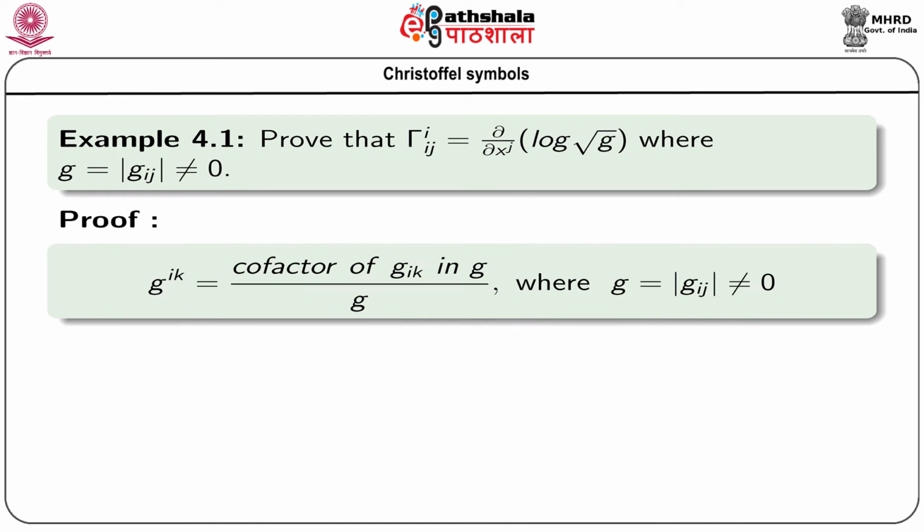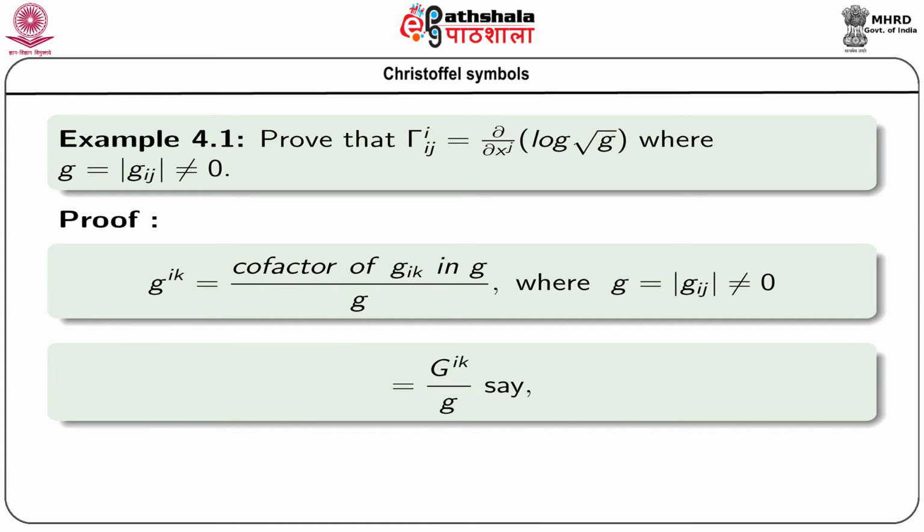The proof follows like this: g^{ik} equals to cofactor of g_{ik} in g divided by g, where g is the determinant of g_{ij} not equal to 0. It is defined earlier. So, cofactor of g_{ik} in g can be taken as G^{ik}, by g, where G^{ik} are the cofactors of g_{ik} in g.